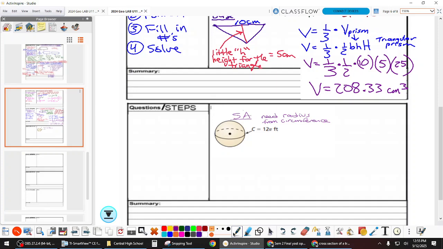Alright, so here's how you do that. I could give you maybe the area of a cross section or something at the diameter. But for this, what is the formula for circumference? Good, it's pi times diameter.